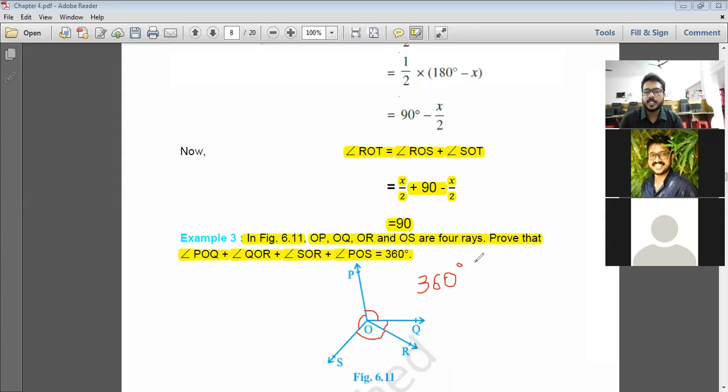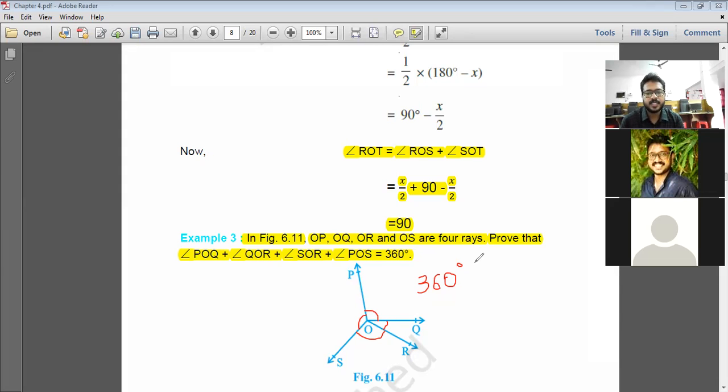And what do you think? Is it true that the sum of all these angles will give 360 degree? Is it correct? Have you studied anything related to that?